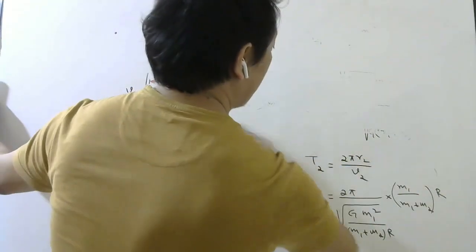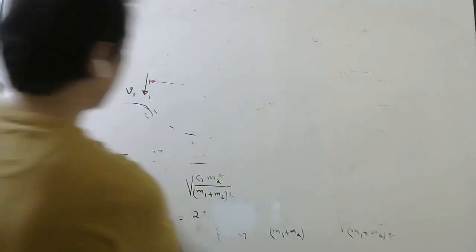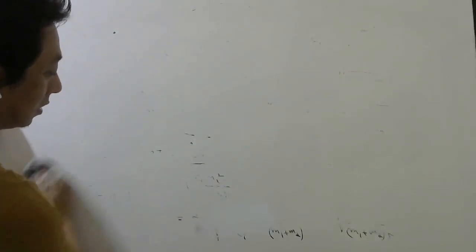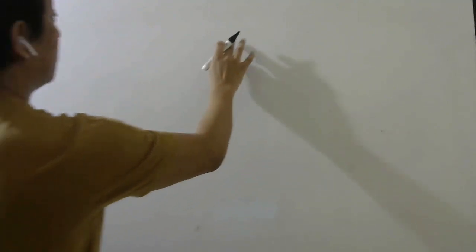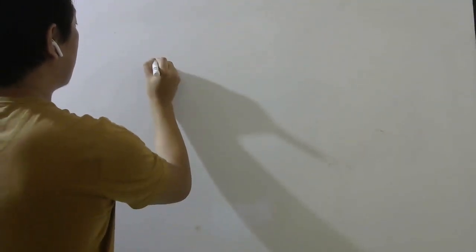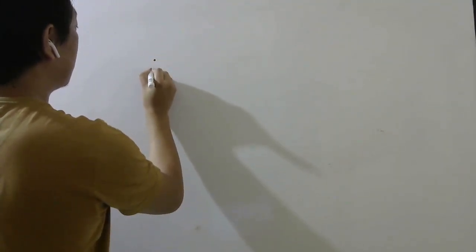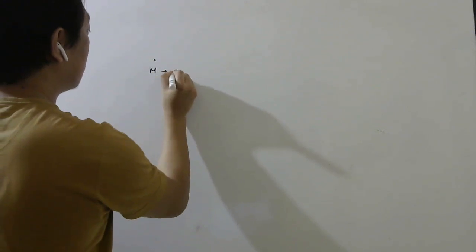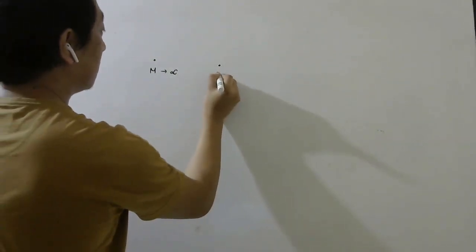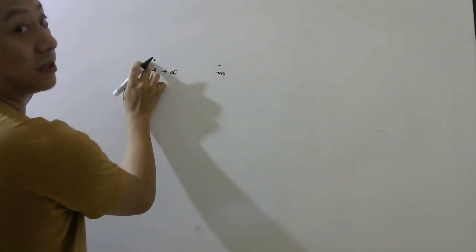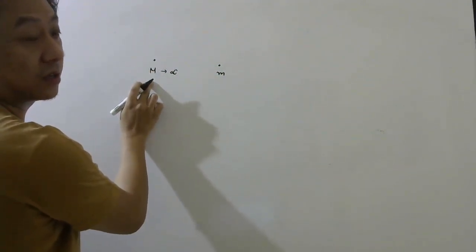Now here I have told you that two particles like this will rotate around a common center of mass. But if I have one very heavy particle whose mass is almost infinity compared to the other particle, then the center of mass will be here itself, because this is so heavy compared to this.